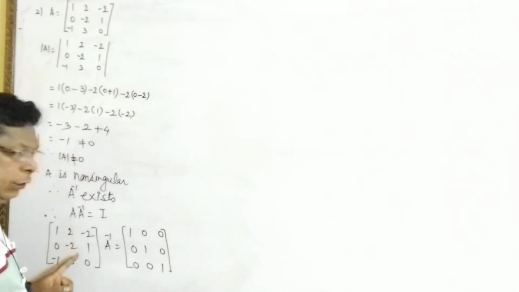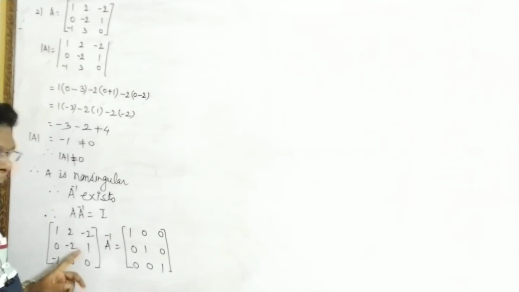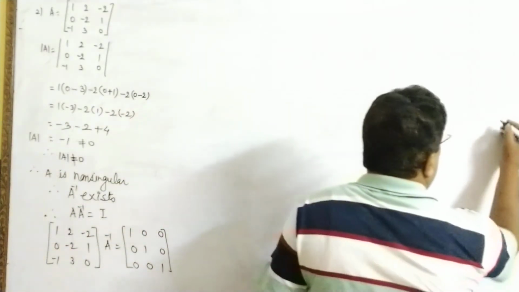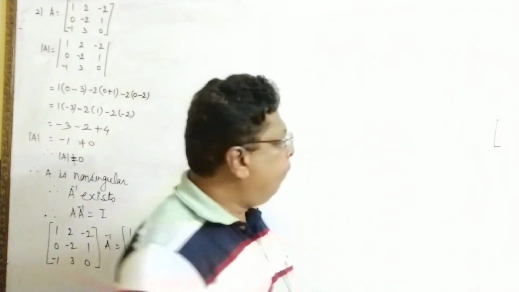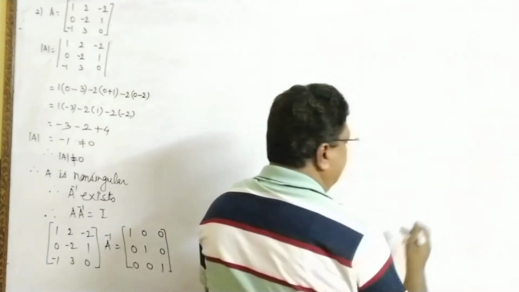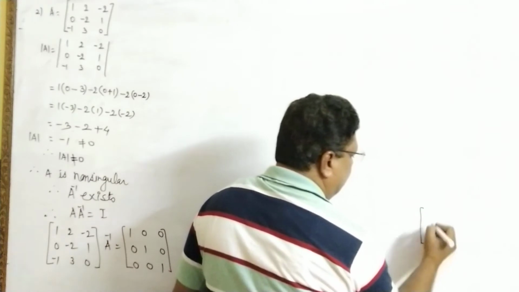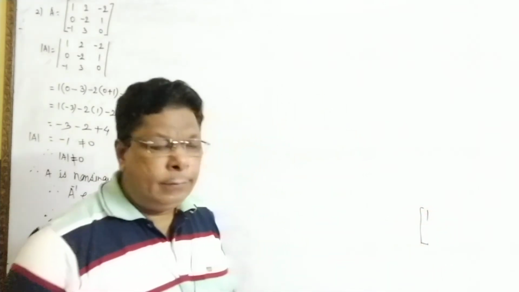Now we have to reduce this matrix A into identity. By using operations, you will get the inverse matrix on the right hand side. So what is the procedure for this? The procedure is, first bring 1 in the place of A1 1. What do you have to do? The first diagonal element should be 1.